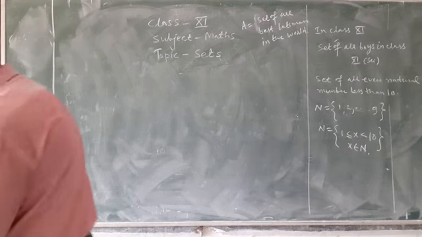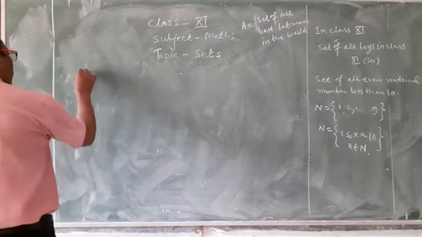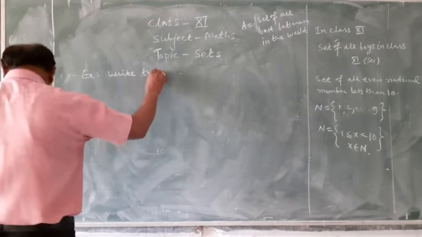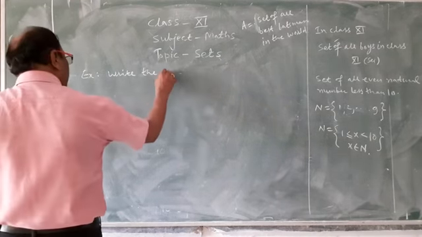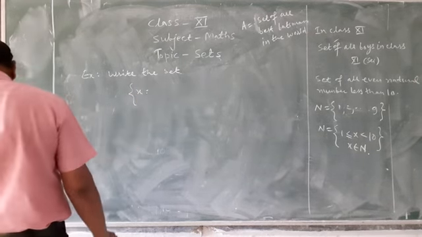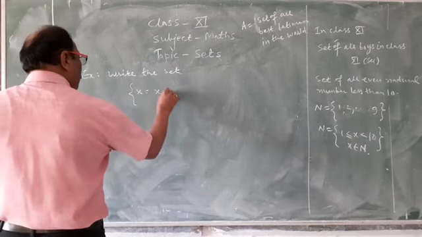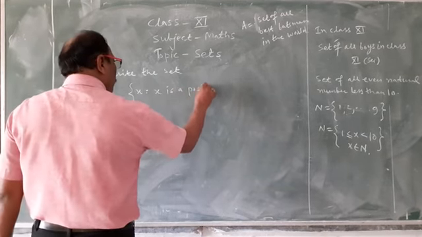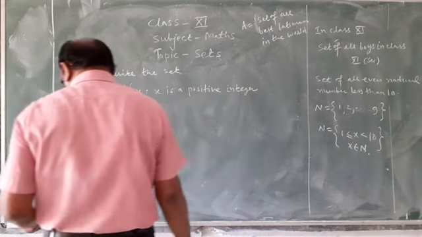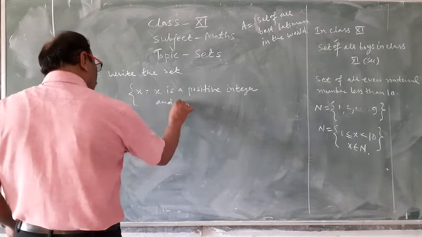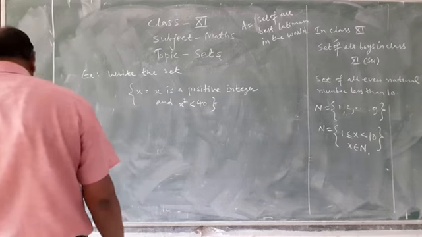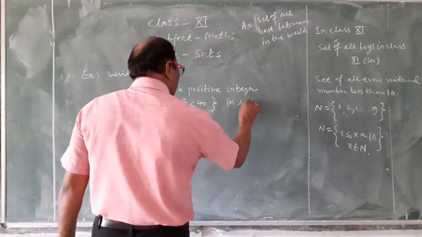Write this set: x such that x is a positive integer and x square less than 40, in roster form.